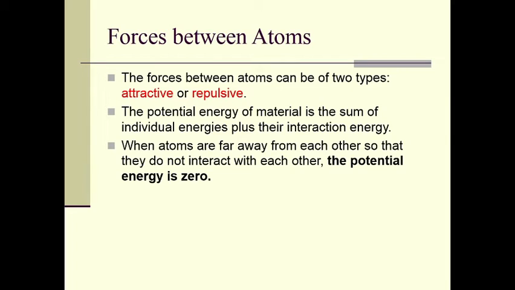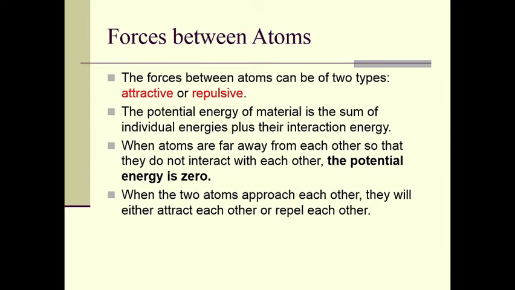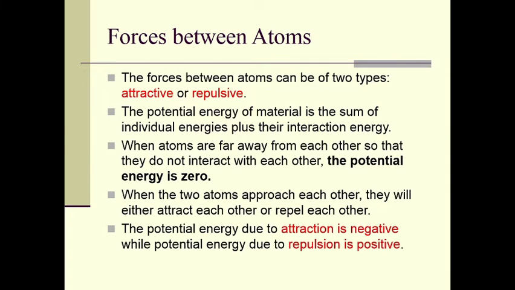When atoms are far away from each other so that they do not interact with each other, the potential energy is 0, right. When the two atoms approach each other, they will either attract or repel each other depending on the charges of the atoms.